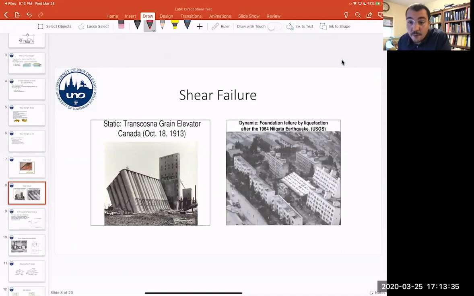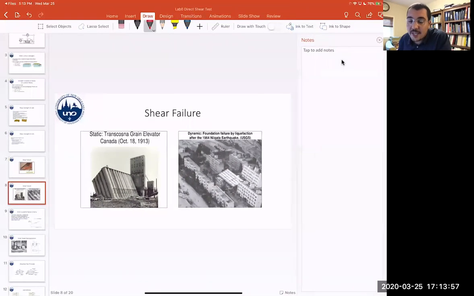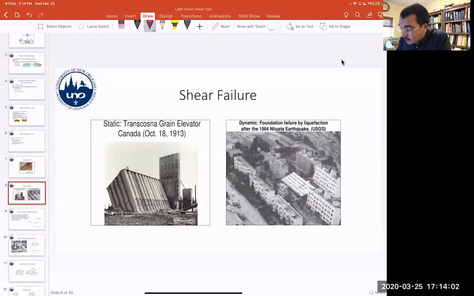Another type of shear failure is liquefaction. We don't really have to worry about it in Louisiana, in the Gulf region. They worry about it in California because it happens in granular soils. With an increase in pore pressures, they lose their strength completely. So it would be something like this is the ground level and this is a house, and here you have soil, and in between the soil you have water.